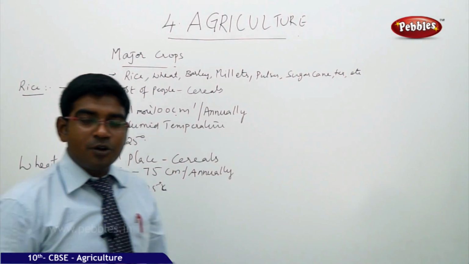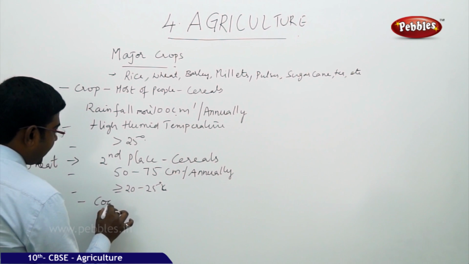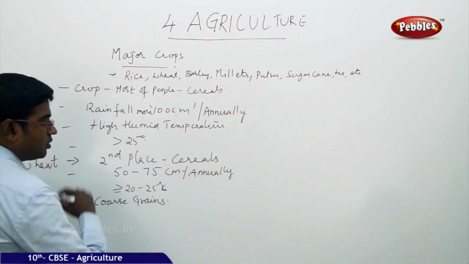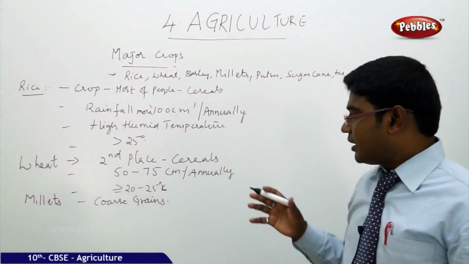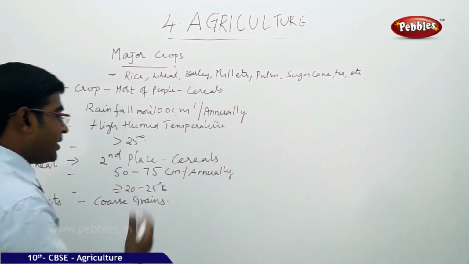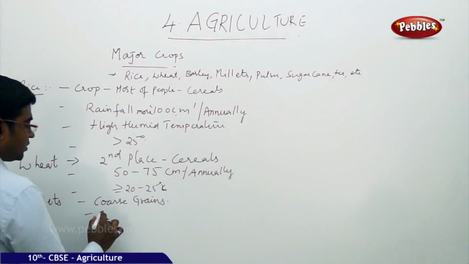Millets are produced in very huge amounts in India. They are called coarse grains. These coarse grains are produced in large numbers in India in order to fulfill the basic requirements of the country. What are the grains that come under millets?